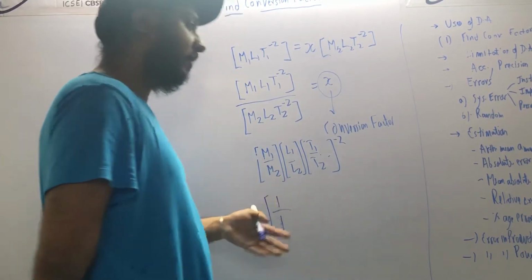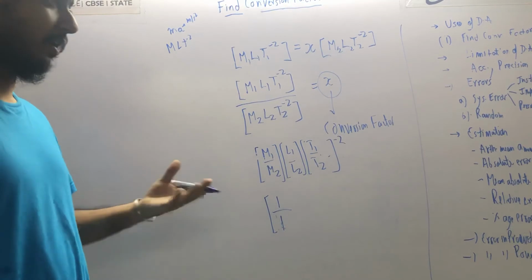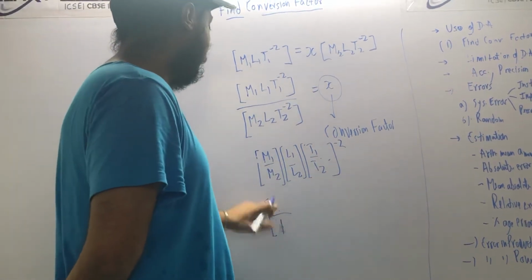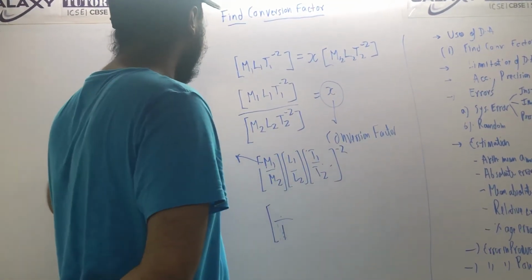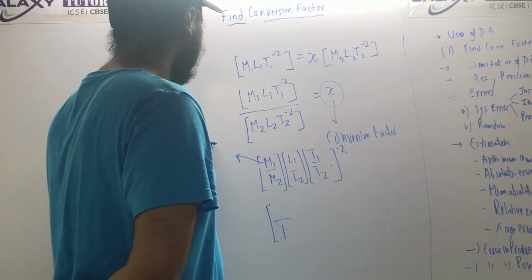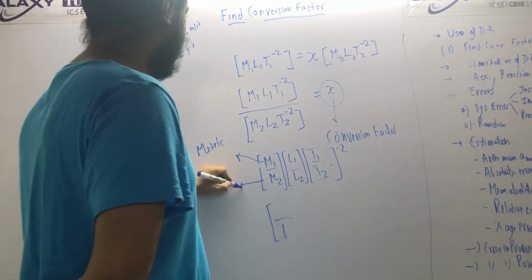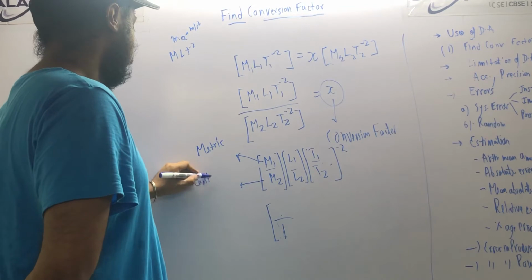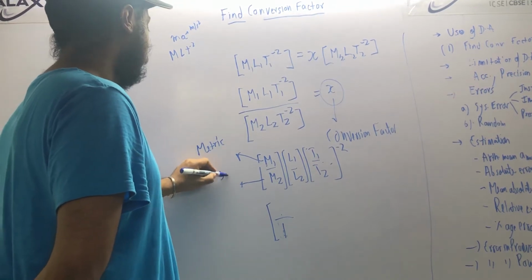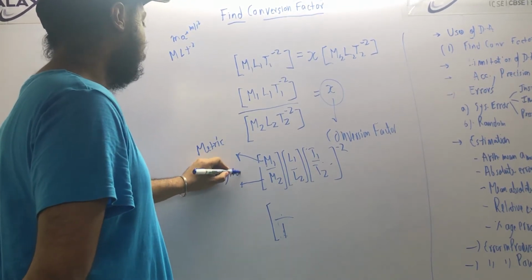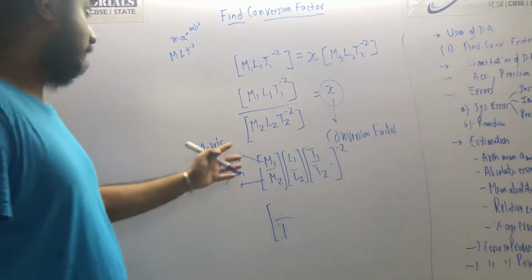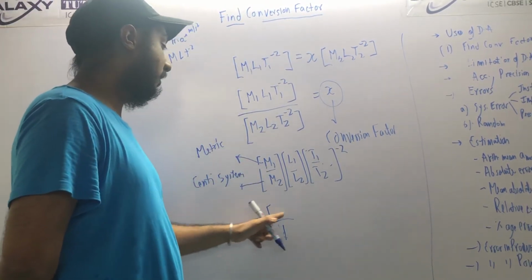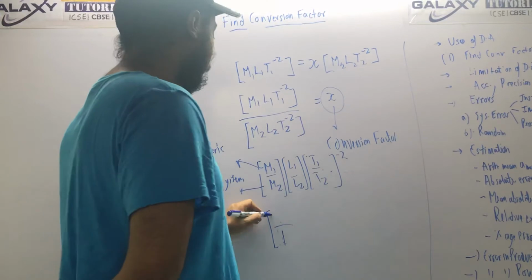So we have converted to the centimeter system. If this is in metric, so this is 1 kg, and 1 kg you will write in grams, so it will be 1000 grams.